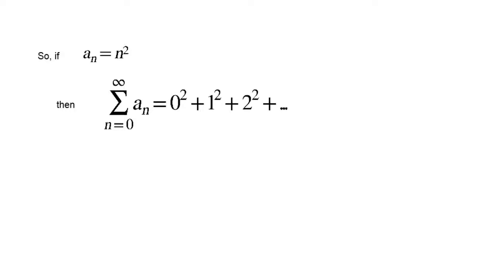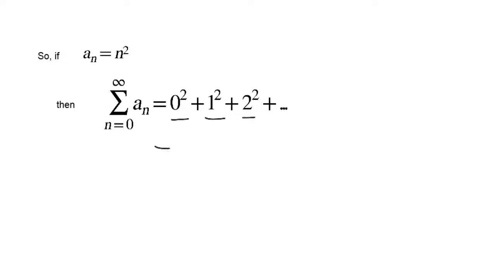So in the case of this sequence where a sub n equals n squared, the summation from n equals 0 to infinity of a sub n simply equals, when n equals 0, it's 0 squared. When n equals 1, it's 1 squared. When n equals 2, it's 2 squared. When n equals 3, it's 3 squared, and so on and so forth.